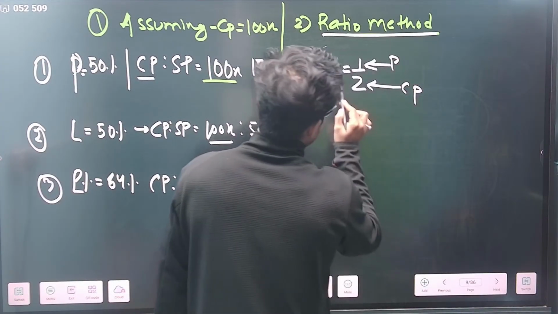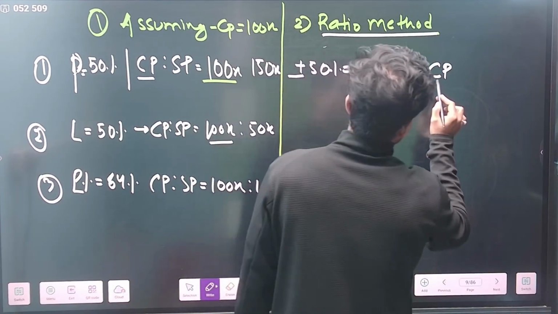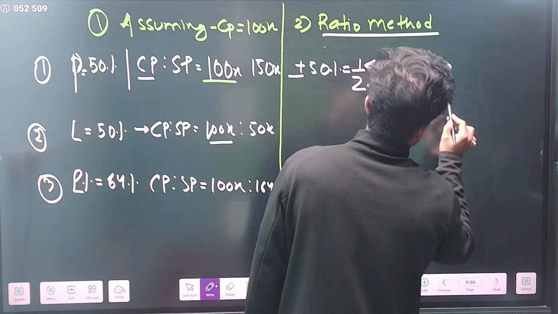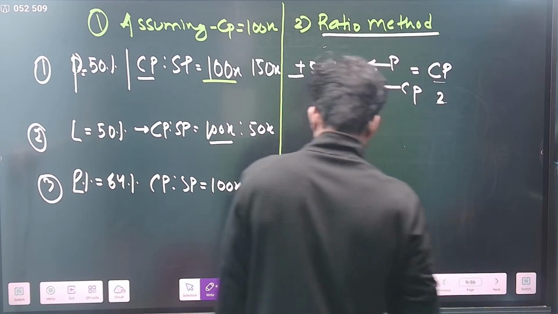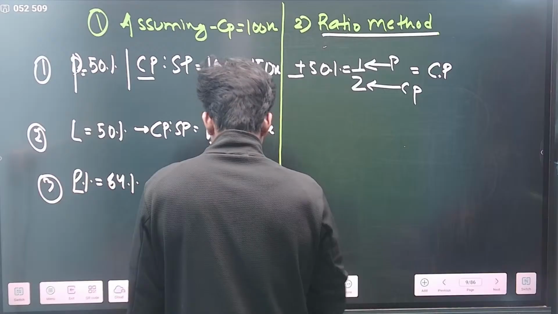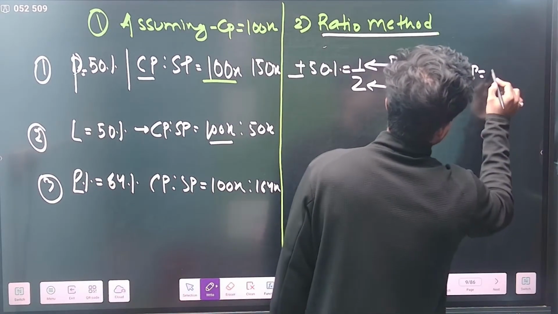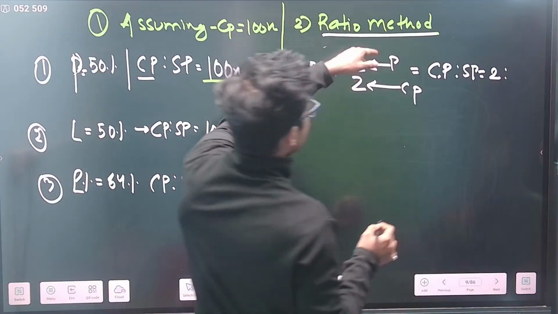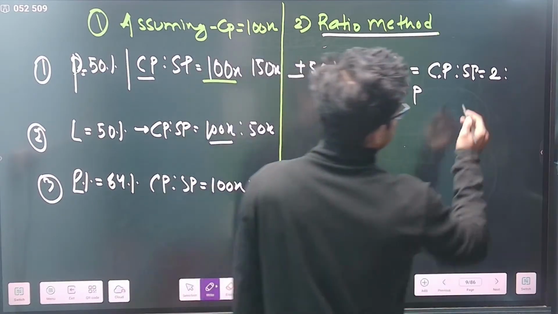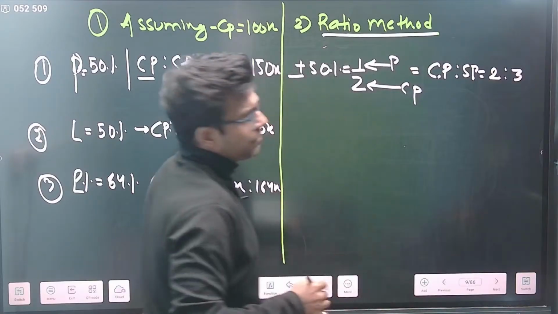If CP is 2, then adding 1 to the CP gives you the selling price, so your selling price would be 3. I hope this is clear.